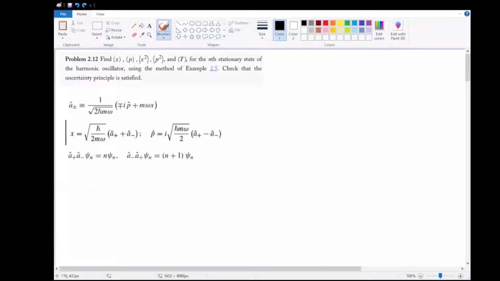So let's do this, but this time instead of doing it for V, we do it for all of these terms. First off, let's start by expressing x squared and p squared in terms of these ladder operators. If x is this, then x squared has to be this applied twice, so the constants at the front just get squared, so this becomes h bar over 2m omega.